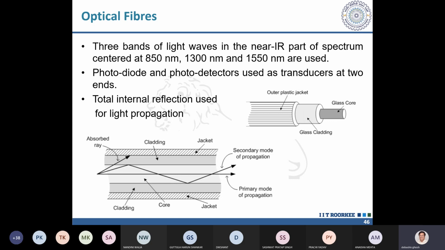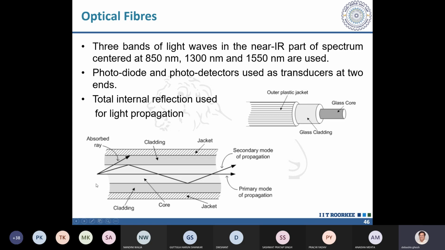Whenever the incident angle is less than the critical angle, the ray will pass through the glass cladding and get absorbed in the outer jacket. So that is a loss. This part of the ray will be lost.